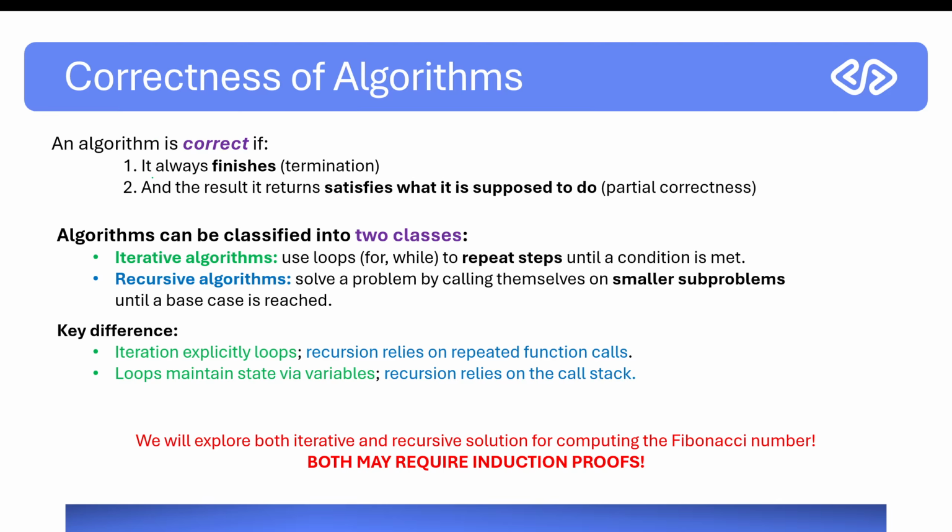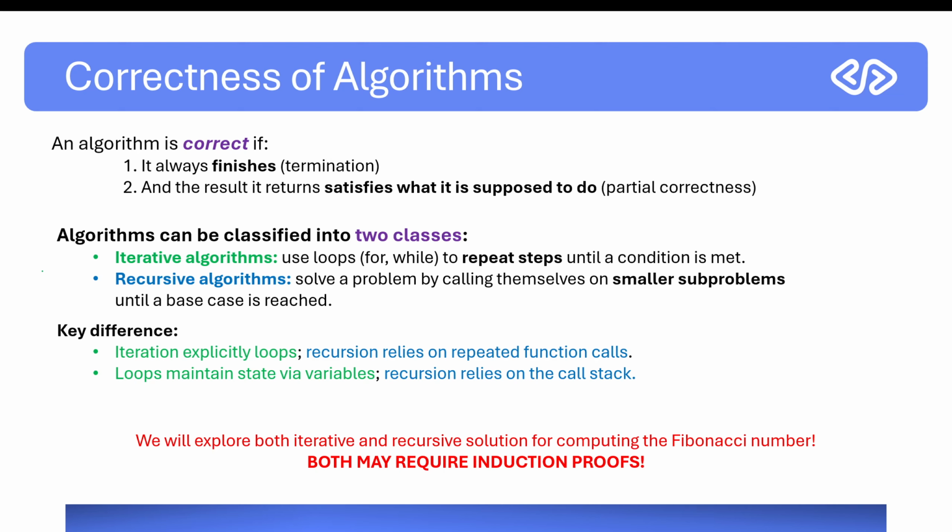An algorithm is correct if it always finishes, so it terminates, and then you get what it's supposed to do. This is called partial correctness because you get what you do, but you also need to know if it ends. And then we can classify algorithms into two classes.